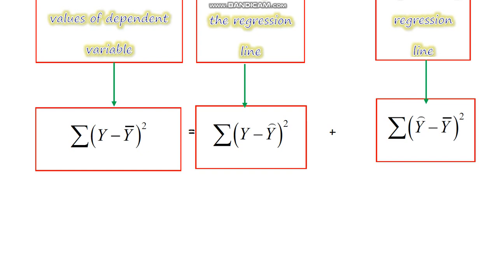We subtract the estimated value from the observed value, square and sum. And for explained variation, we take the estimated value minus the mean of the dependent variable, square and sum.